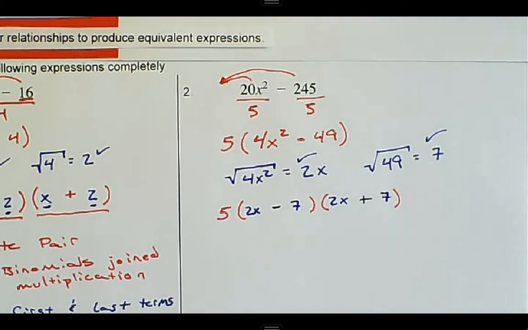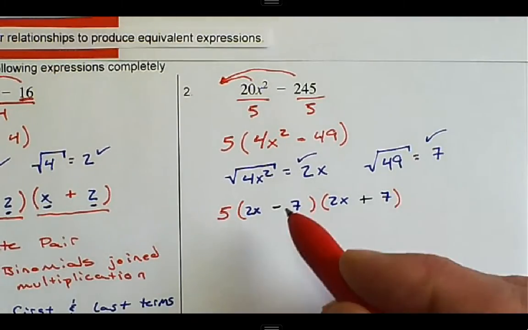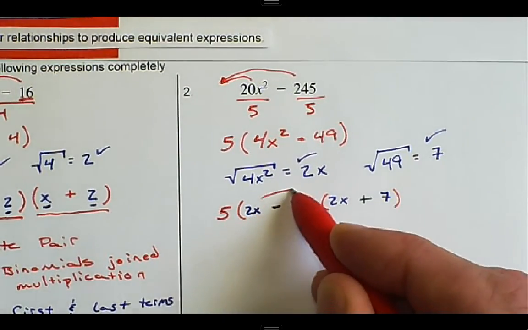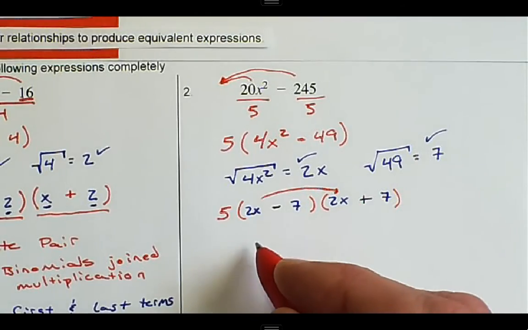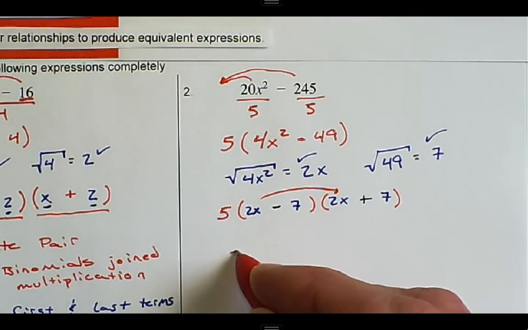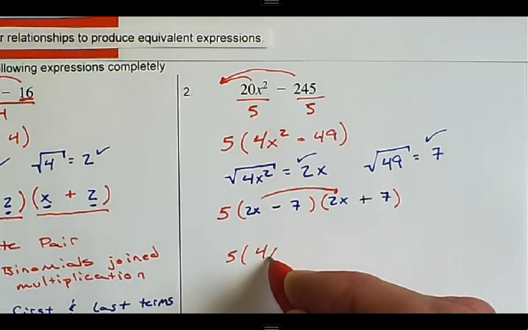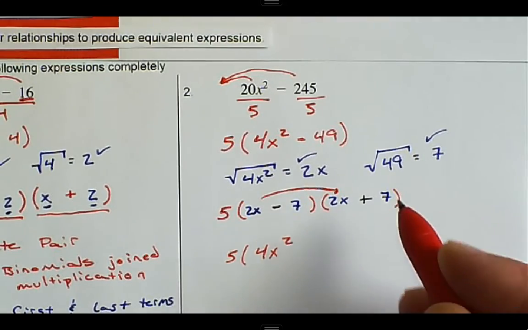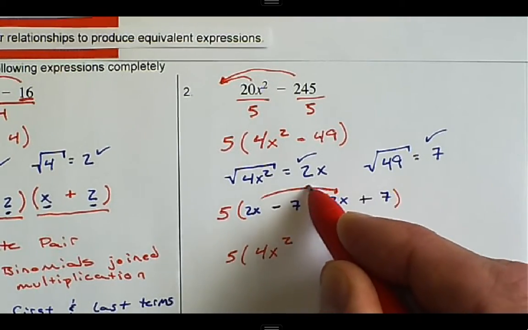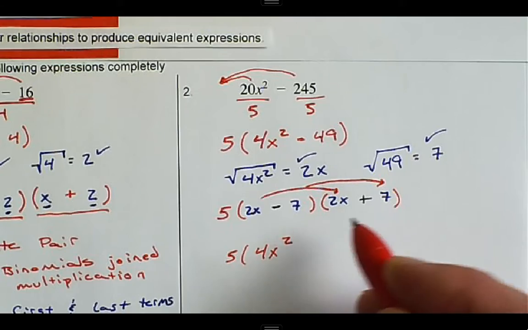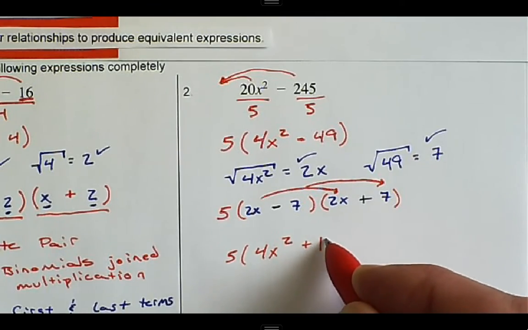The interesting thing about conjugate pairs is that if we FOIL this backwards, the middle term ends up dropping out. To check this, 2x times 2x is 4x squared. 2x times positive 7 is 14x.